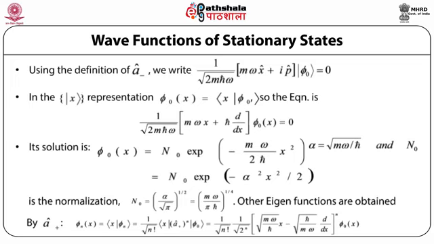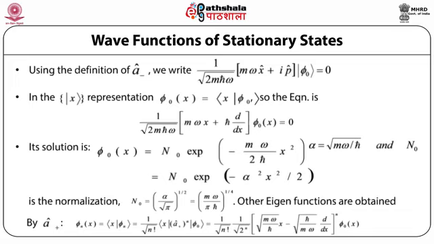So the equation that we get for this is 1 upon under root twice times mass times h cross times the angular frequency, whole times within brackets m omega x plus h cross times the derivative with respect to the position x, whole times the ground state function phi naught x, and this turns out to be equal to 0.